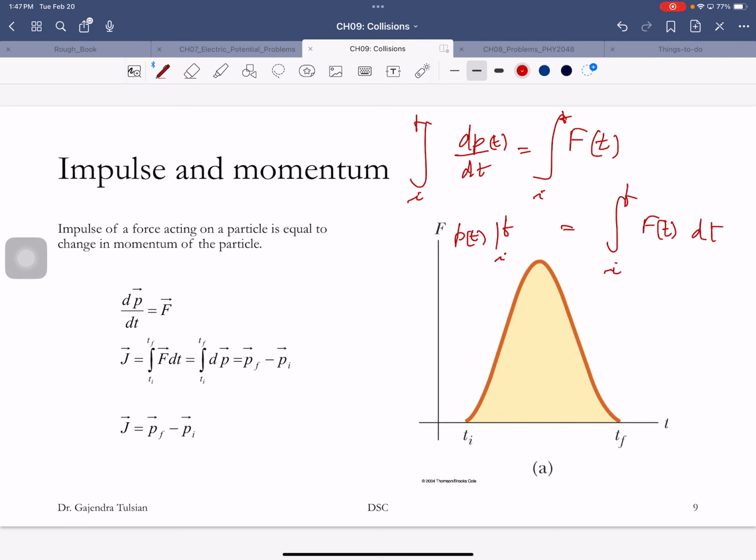So this is P final minus P initial. And that area under the curve is given a name, so I'm using J. Some textbooks use I as well. Whatever they call it, impulse, J or I. So this area under the curve is P_F minus P_I. P_F is mv final minus mv initial.